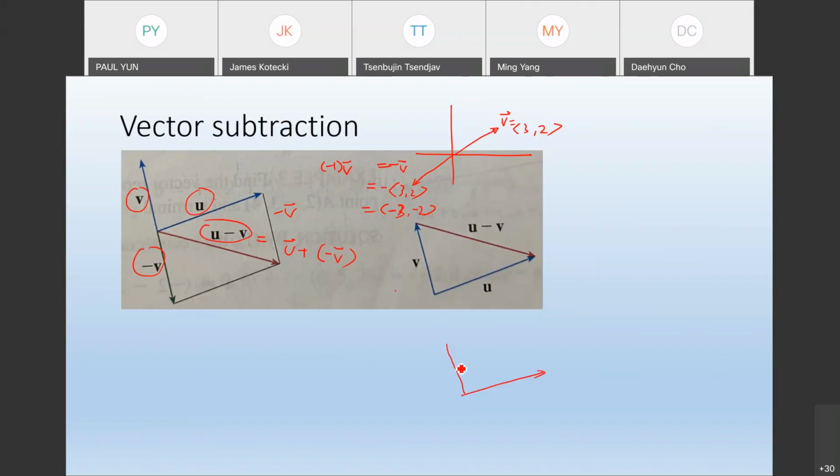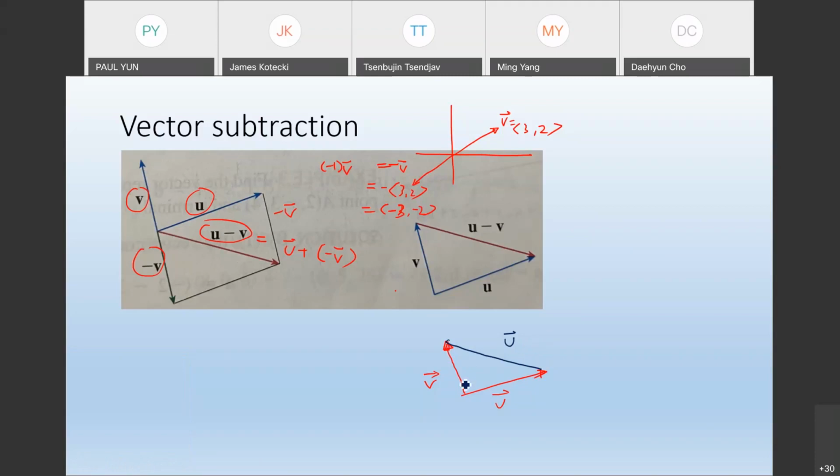My suggestion is this: put them together like this, and then connect this. So write down u minus v.